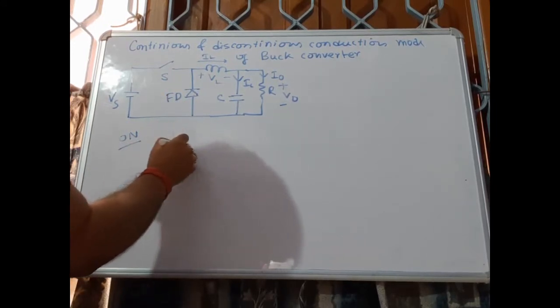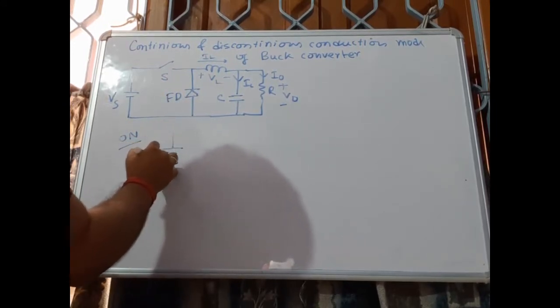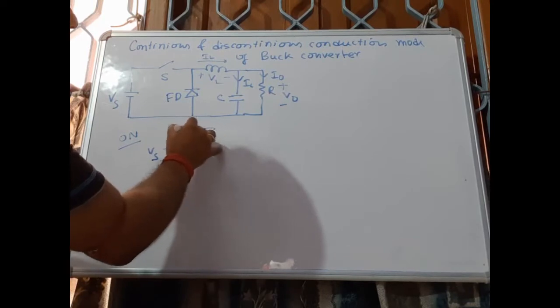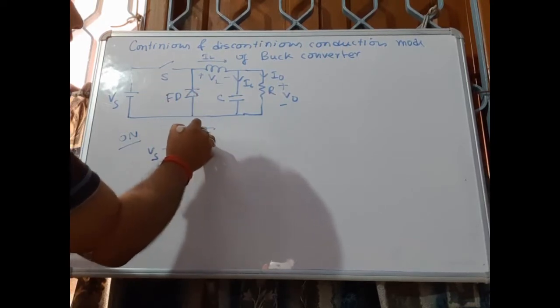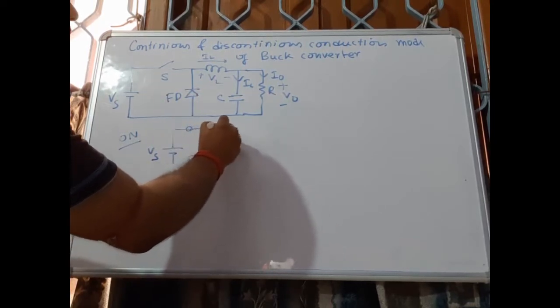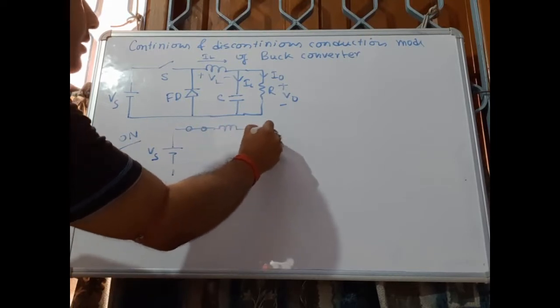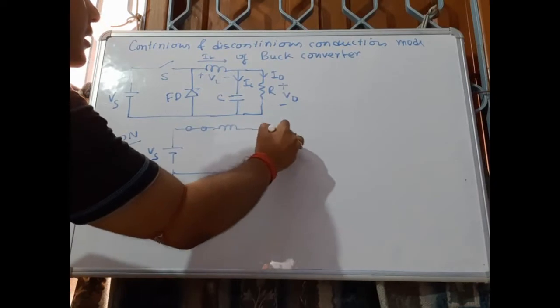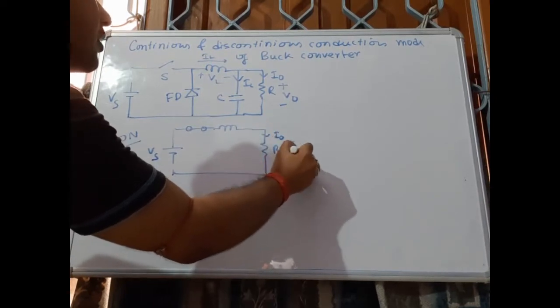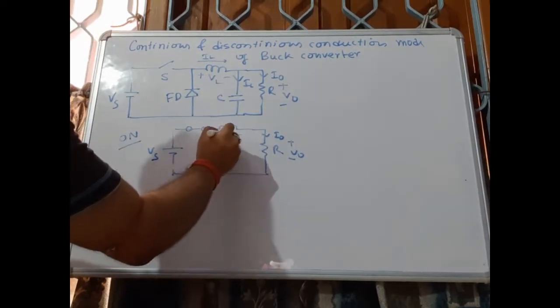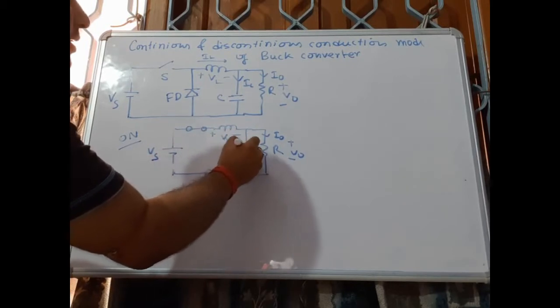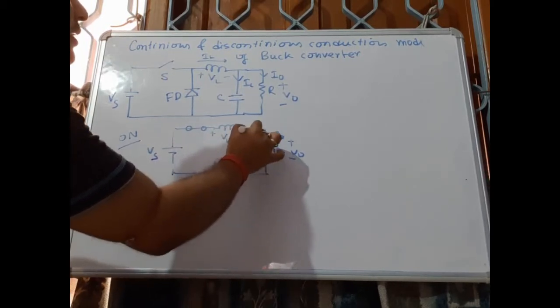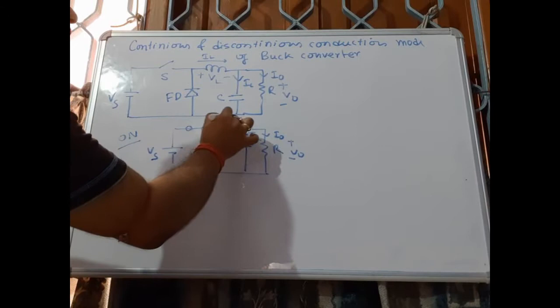So the circuit diagram will be the voltage source, this is the switch which is closed, and this is the inductor, this is R, this is I naught, this is V naught, this is VL, and you can consider this C as well, and this is IC, and this is IL.